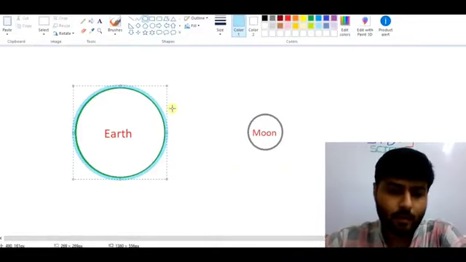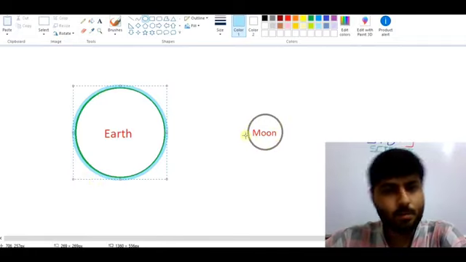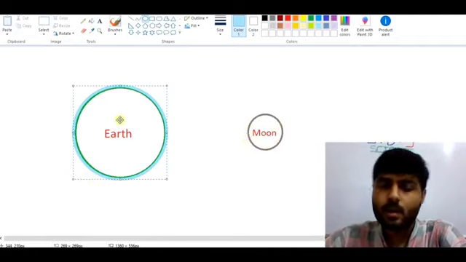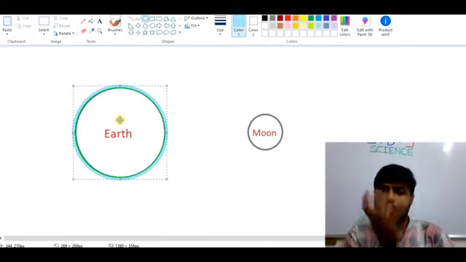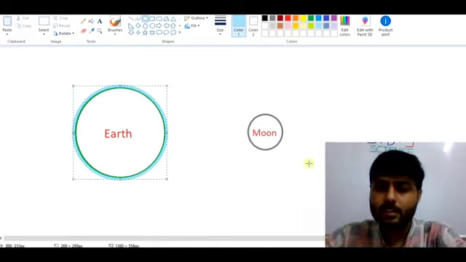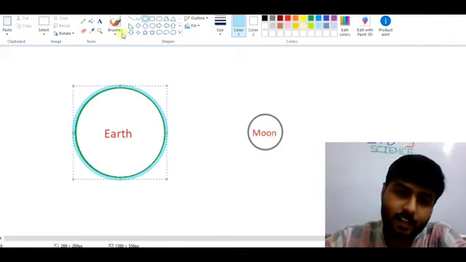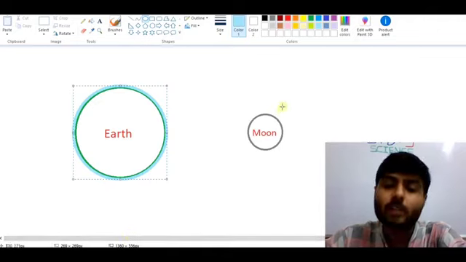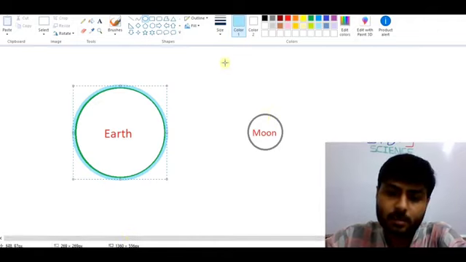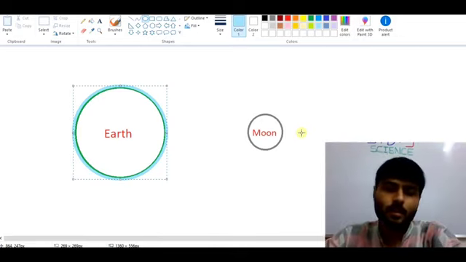Here we have earth and here we have moon. Earth is rotating on its axis and in the same way moon is also rotating, and it rotates on its orbit in this way.